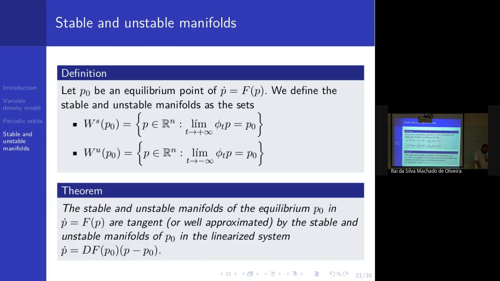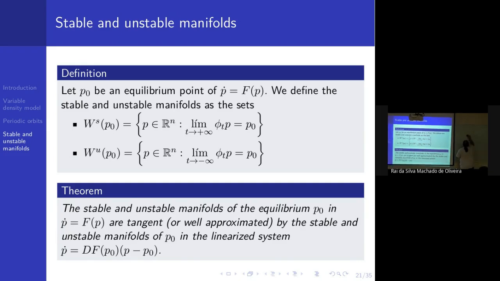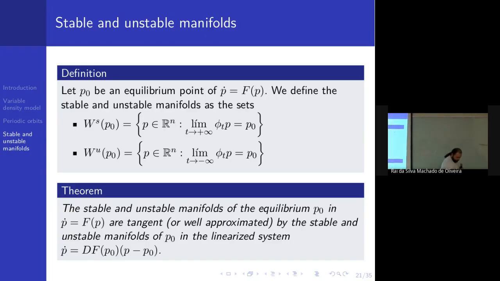So for example, I'm going to draw here. You have an equilibrium point, and you study the local behavior, and for example, you obtain a saddle.